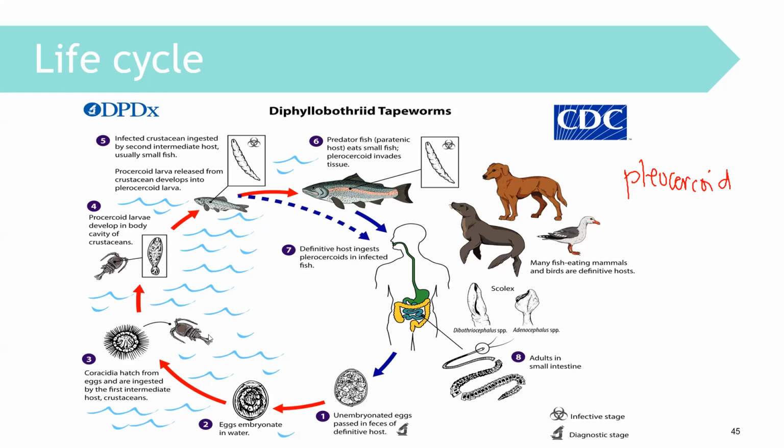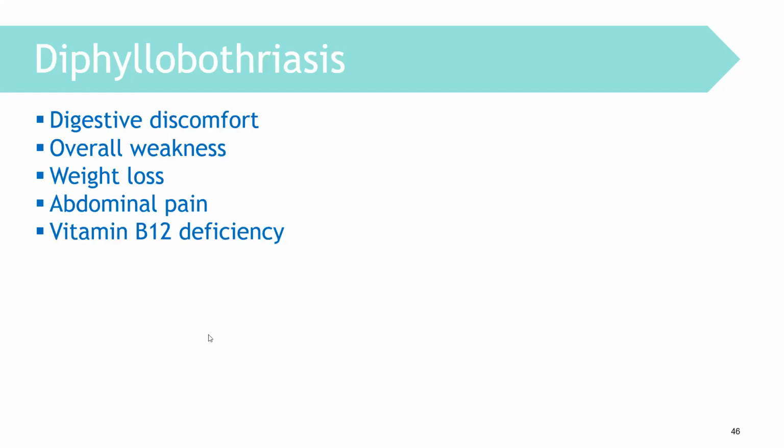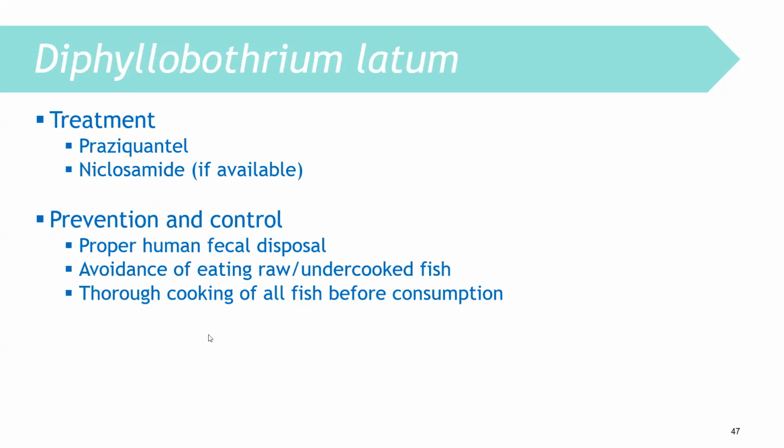Predator fish, or the bigger fish, will consume the smaller fish which contains the plerocercoid. This fish, or the smaller fish, can be consumed by the human. So this is the infection or the symptoms. The infection is Diphyllobothriasis, which includes the following manifestations. Again, the treatment of choice is praziquantel.